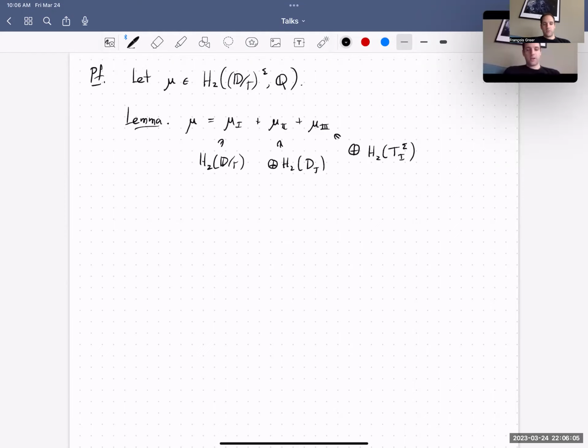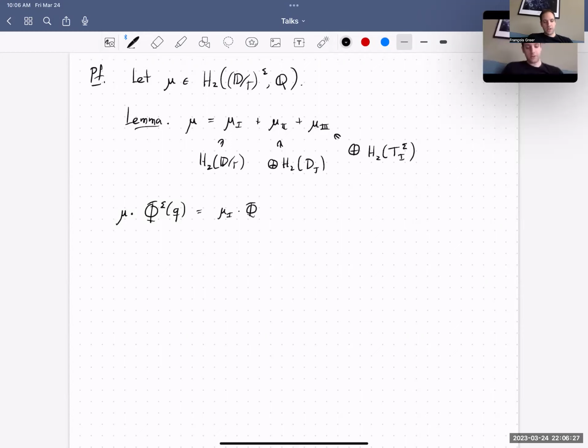Okay, so once you've split, this requires a proof, and I won't say what it is, but it uses some spectral sequences, kind of standard topological methods. But once you have that, then if you want to intersect your test cycle with the power series P sigma of Q, you can just do three separate computations.